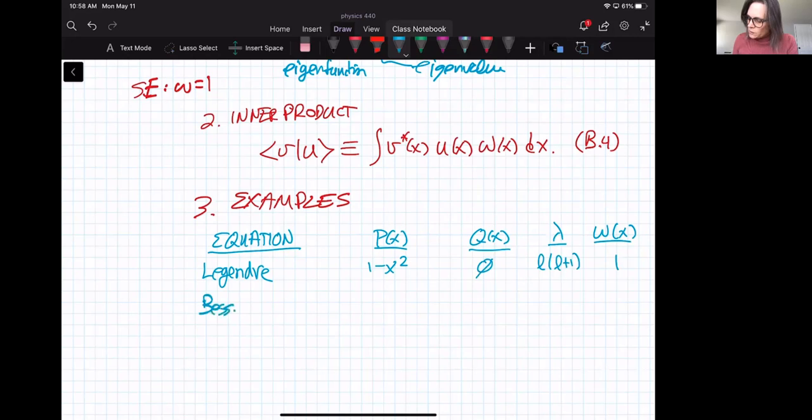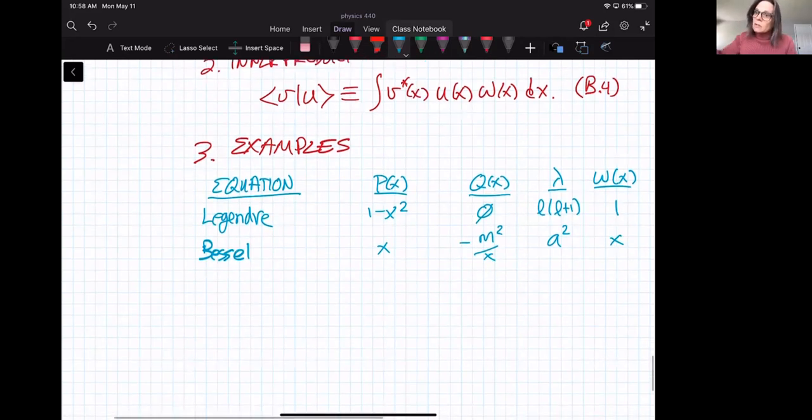We'll see with the Bessel equation, P of x is equal to x, Q of x is equal to minus m squared over x. The associated eigenvalue is a squared, and the weight here to make these functions orthogonal is x. In other words, you need to have an x multiplied in that inner product.